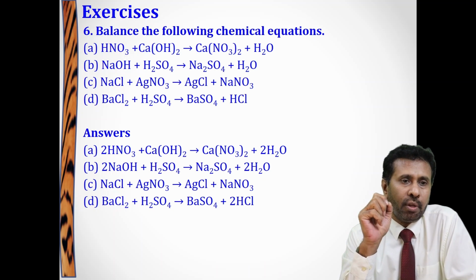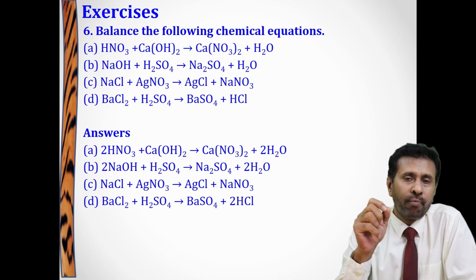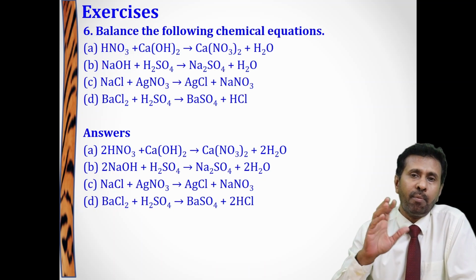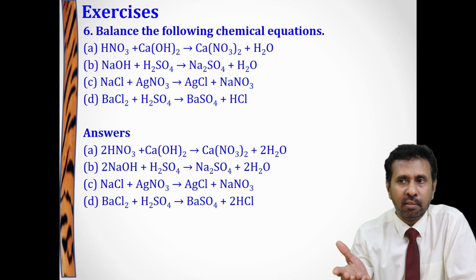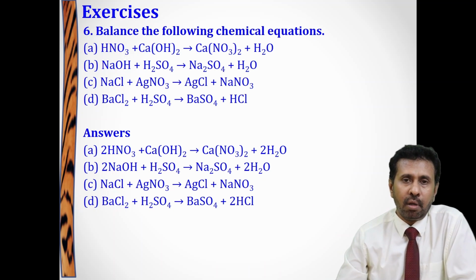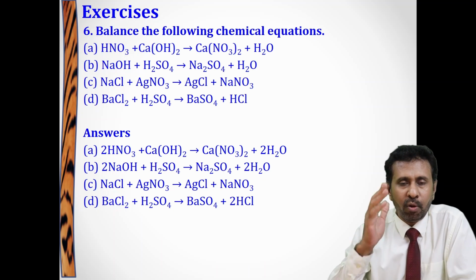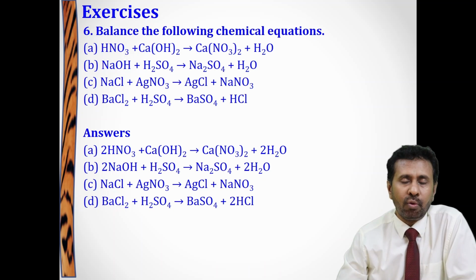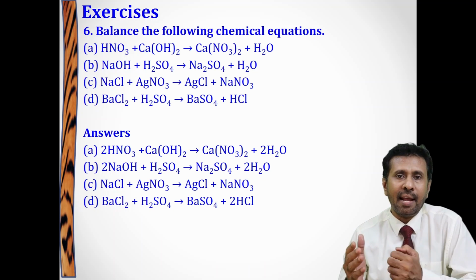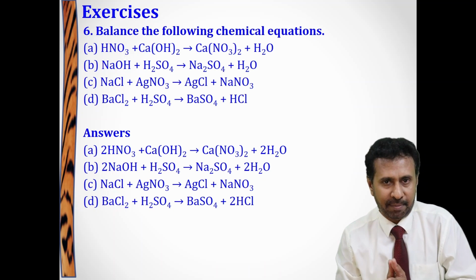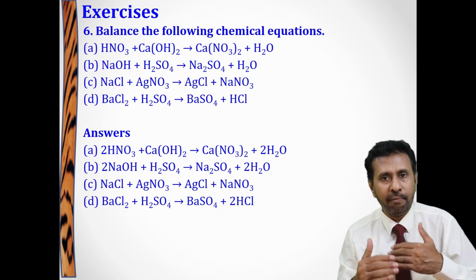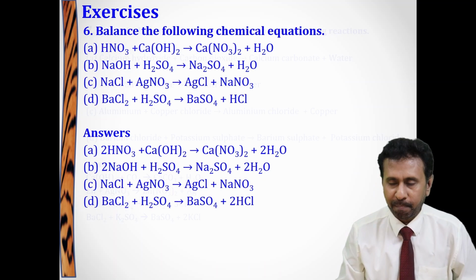As I told you, if you have the rough note with you, you can just write these equations and try to balance them, and if you are not able to balance them, then you can have a look at the answers and try to understand them. But if you apply your logic, I think you can get them balanced very easily. The tip is try to balance the one that has the maximum difference. Try from that particular element or from that group.